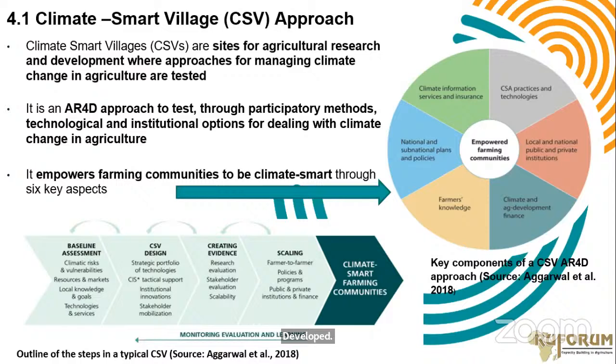And of course, this will also depend on the prevailing ecological or socioeconomic areas where you want to roll this out to. So one approach would be the farmer-to-farmer approach, where there's exchange visits and farmers are able to learn from what's already being tested and is working.